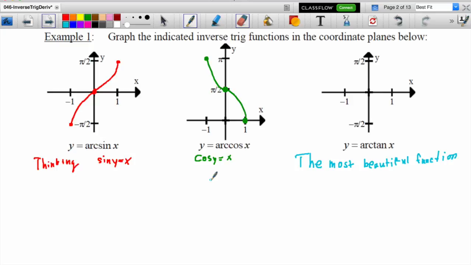And here's why. Well, if we're thinking tan y is x, it goes through the origin. We really like functions that go through the origin. That's pretty important. What about 1? Who's going to get us 1 out of tan?